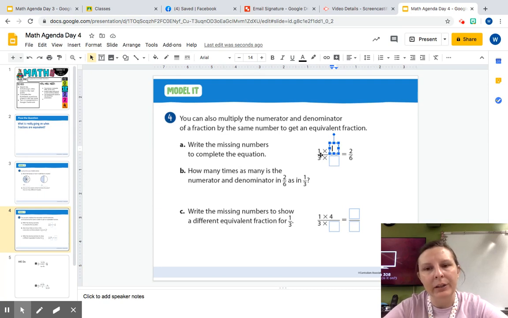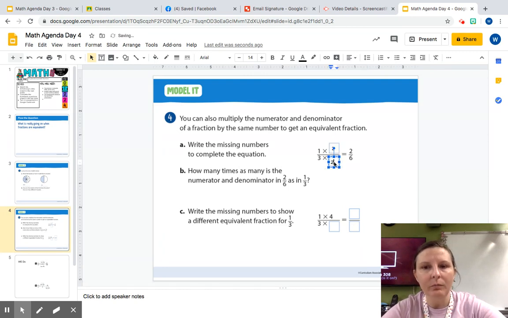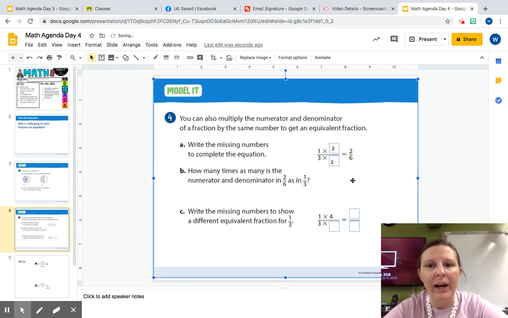So what I need to do is say to myself, what 1 times what equals 2? Well, I know that 1 times 2 equals 2. If I put a 2 up here, I have to put a 2 down here too, because in order to find an equivalent fraction, you have to multiply by the same number on the top and the bottom, okay?